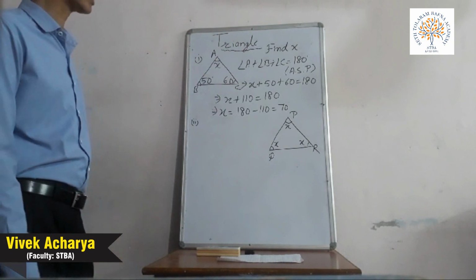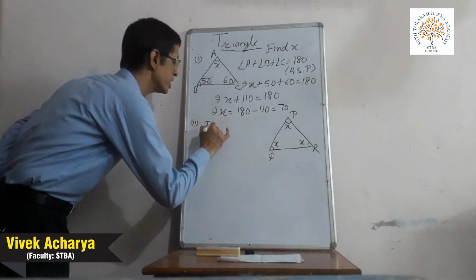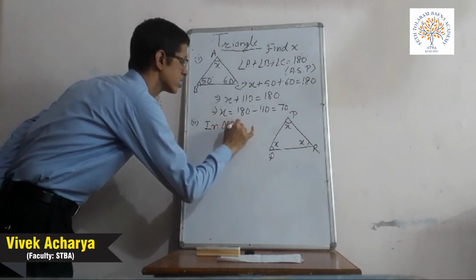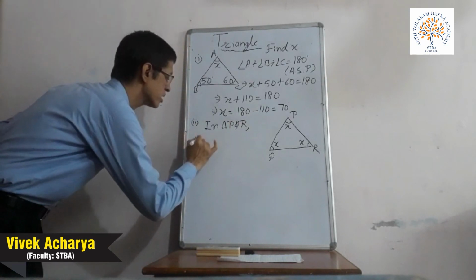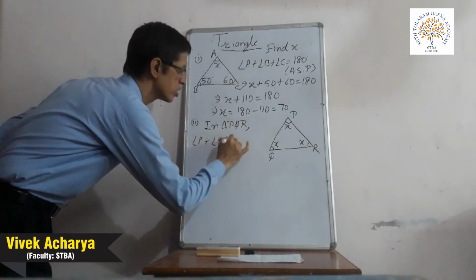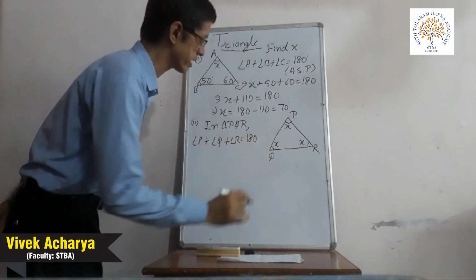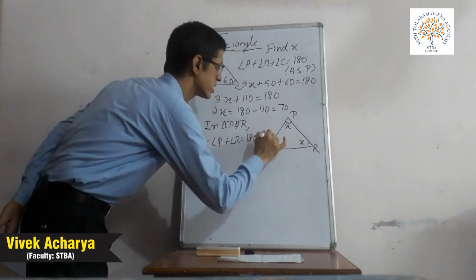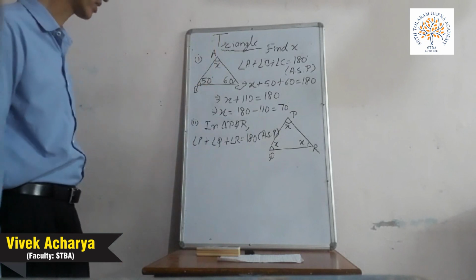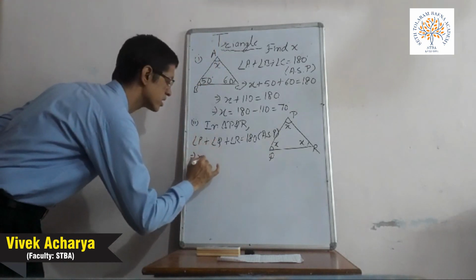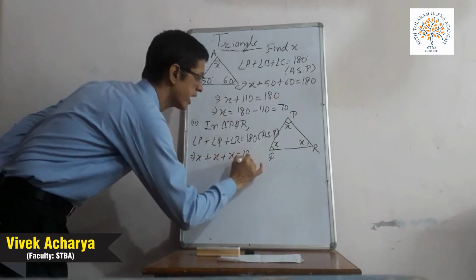So again using the angle sum property, in triangle PQR, angle P plus angle Q plus angle R is equal to 180 degrees, and this is ASP, the angle sum property of a triangle. Angle P is x, angle Q is also x, and angle R is also x.